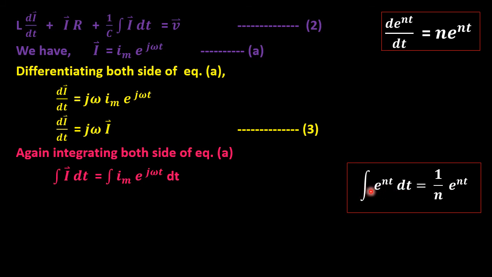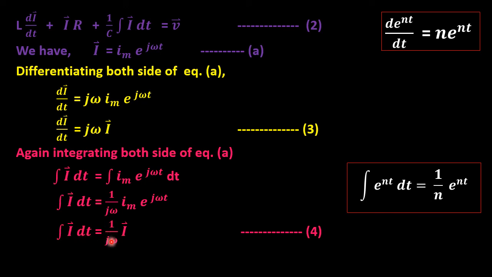Comparing with integration e to the power j omega t dt, in place of n here we have j omega. So the value of the integration will be 1 by j omega e to the power j omega t. So integration I dt equals 1 by j omega Im e to the power j omega t. Again, we replace Im e to the power j omega t back by I, and then integration I dt equals 1 by j omega I. Let this be equation number 4.